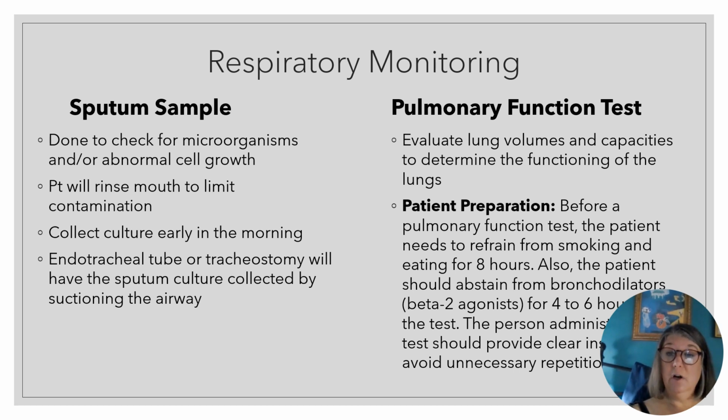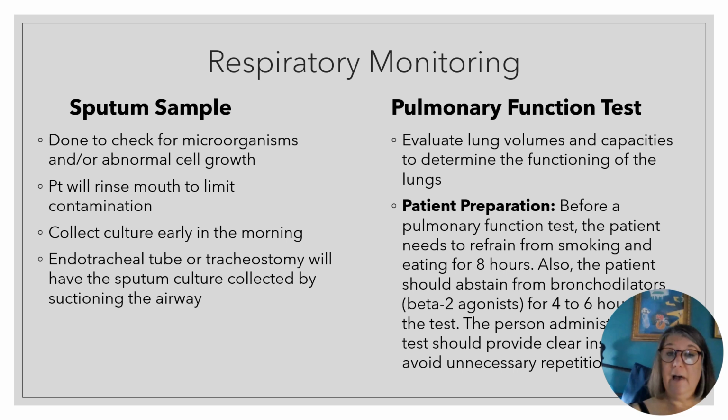Before the test is started, they do a baseline reading. And the baseline is based on whether you're male or female, weight, height, and smoking history. And then what they do is calculate where your norm should be, and then they compare that to what they actually find.